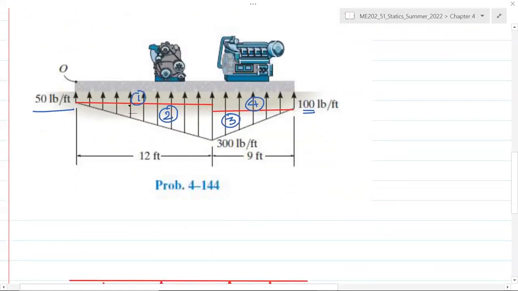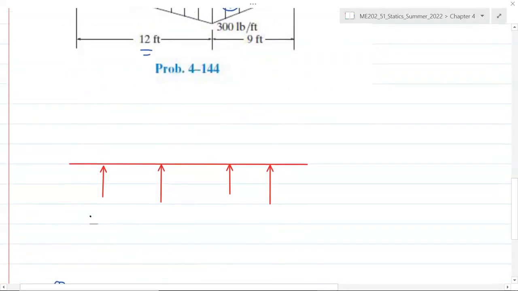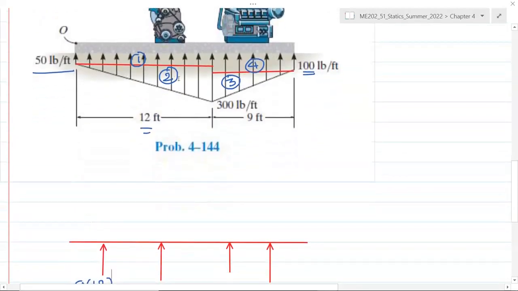For number one, its equivalent point load is the area of the rectangle, which is 50 multiplied by 12, and this is in pound. For the second triangular distribution, it's 1/2 times base times height.